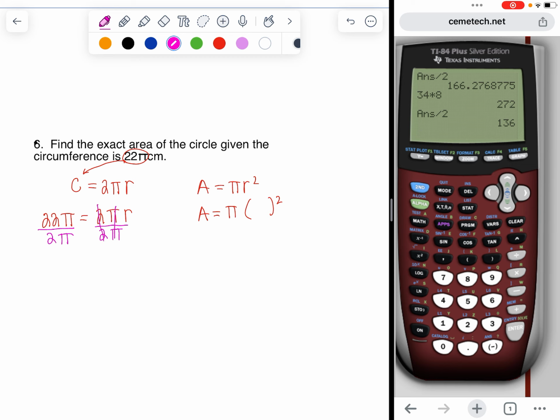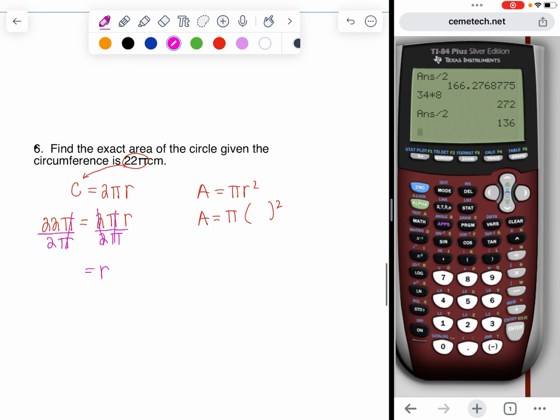Pi divided by pi is 1. So I have r equals, and then 22 divided by 2 is 11. So the radius is 11 centimeters. I can put 11 in here. And then my exact area, 11 squared, is 121. So I have 121 pi centimeters squared.